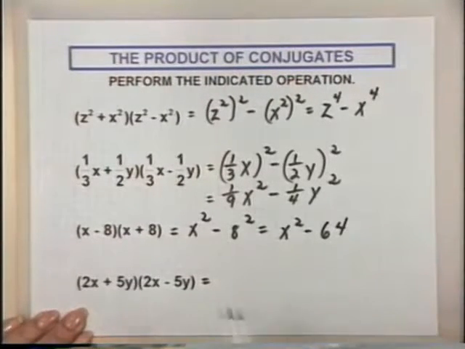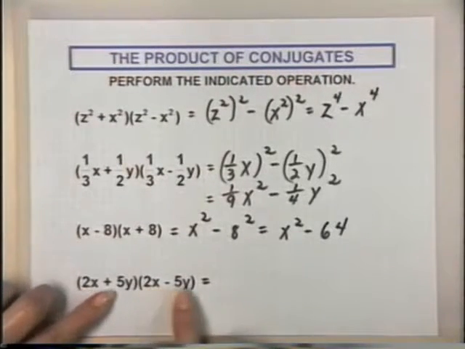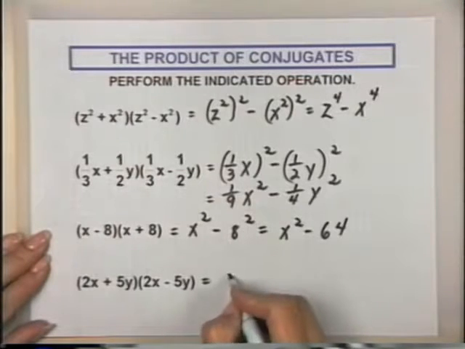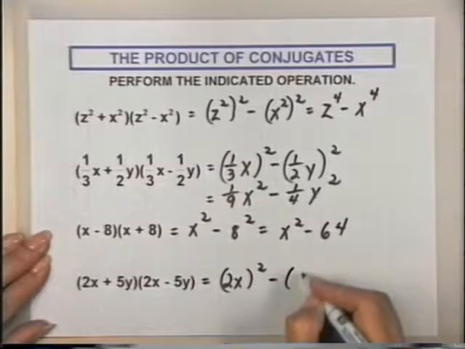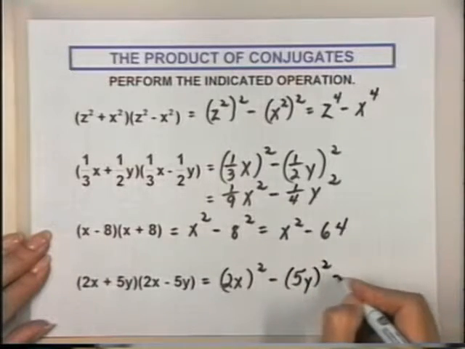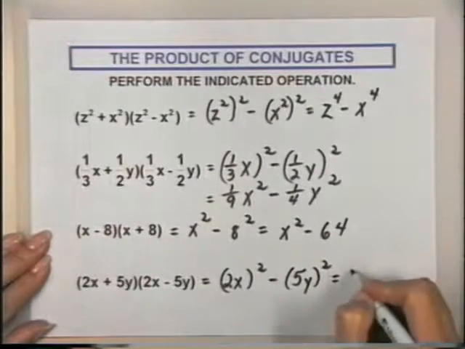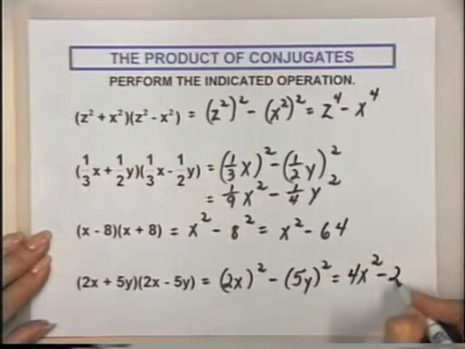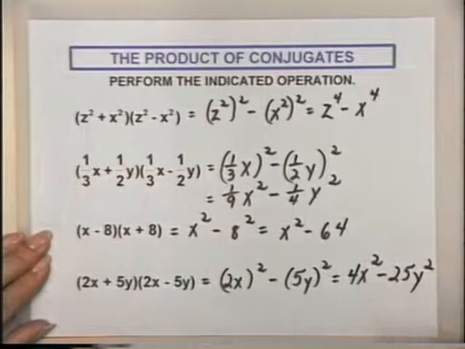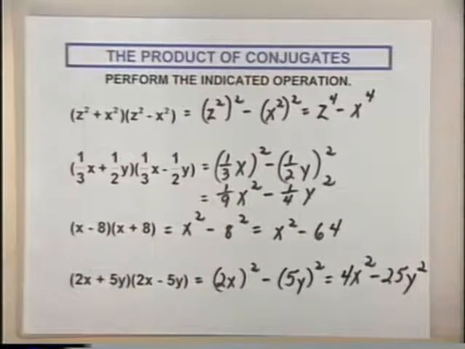For this last problem, same first term, opposite second terms, I will square the first term, subtract the square of the second term. 2x squared is 4x squared, subtract the 5y squared is 25y squared. That completes the product of conjugates lesson. Let's move on to the square of a binomial lesson.